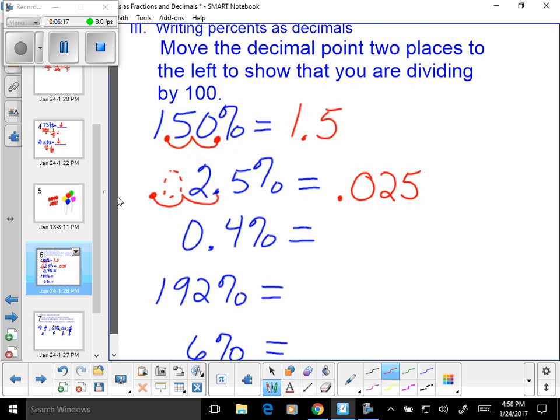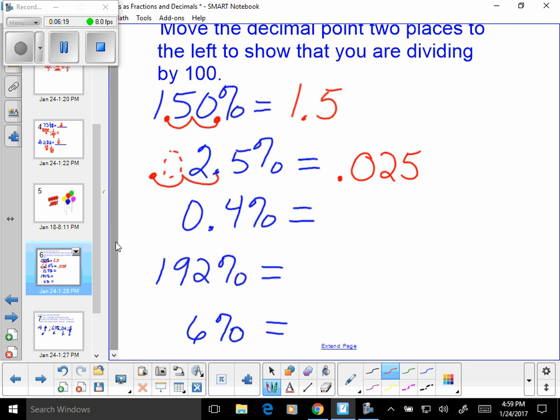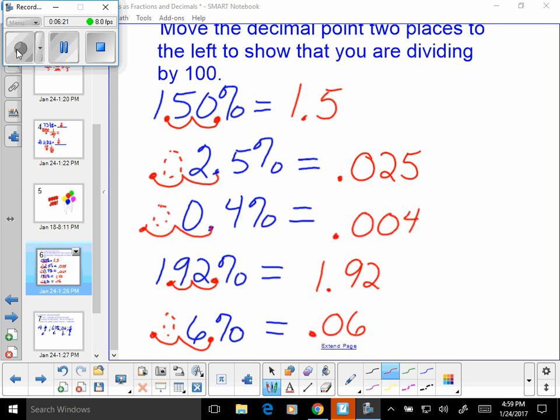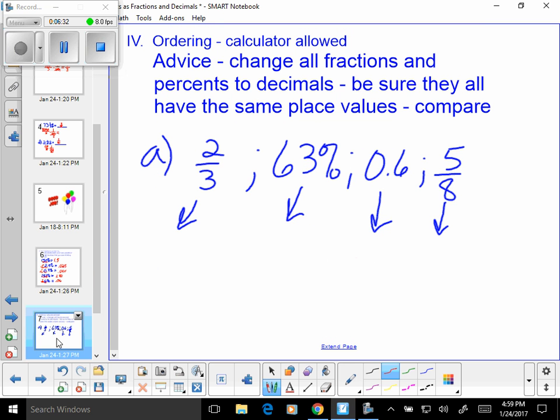At this time, I'd like for you to hit pause and do the last 3. And once again, I hope you got them right. 0.004, 1.92, and 0.06.